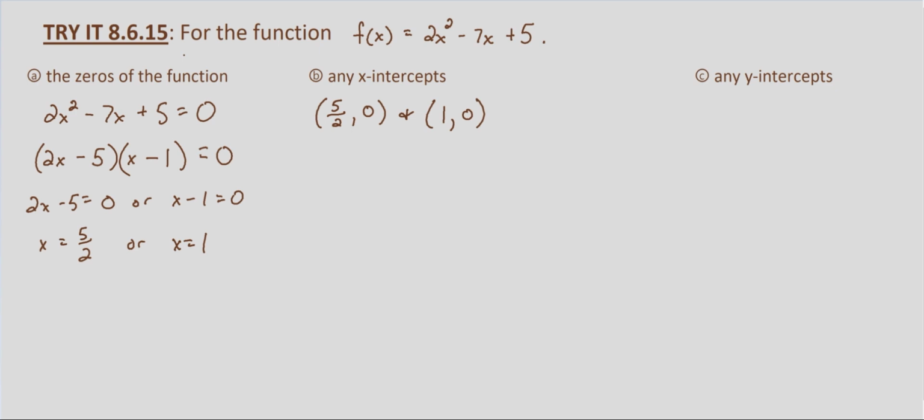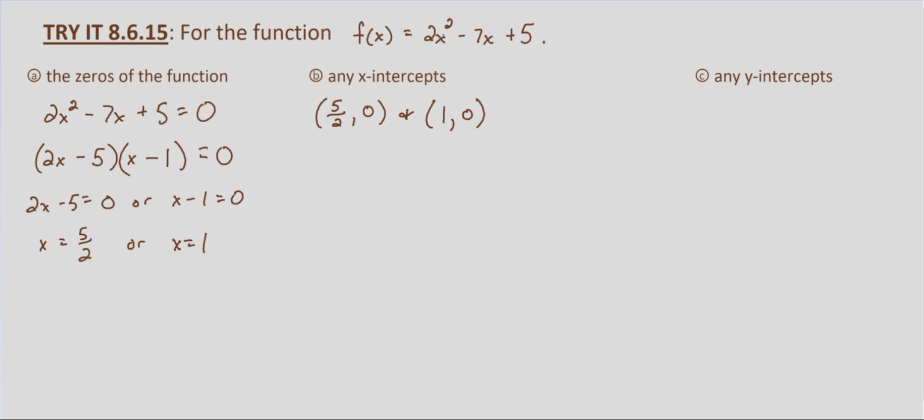Now, to find the y-intercept, we take the function 2x squared minus 7x plus 5, and we want to know what it equals when x equals 0, because that's where the curve crosses the y-axis.